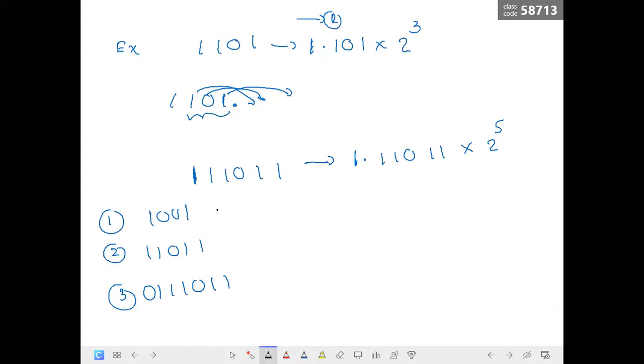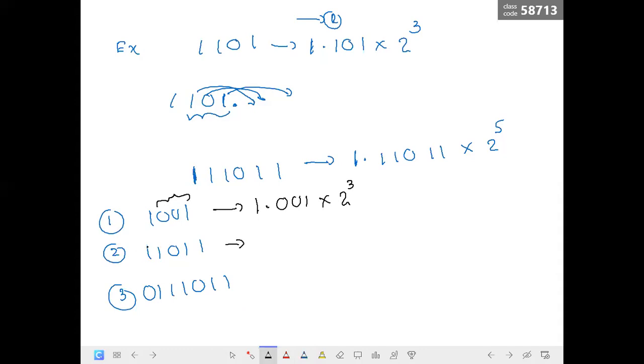For this one, 1.001, we have to take these 3 digits towards the right side, then times 2 to power how many digits we take, 1 2 3, therefore 2 to power 3.